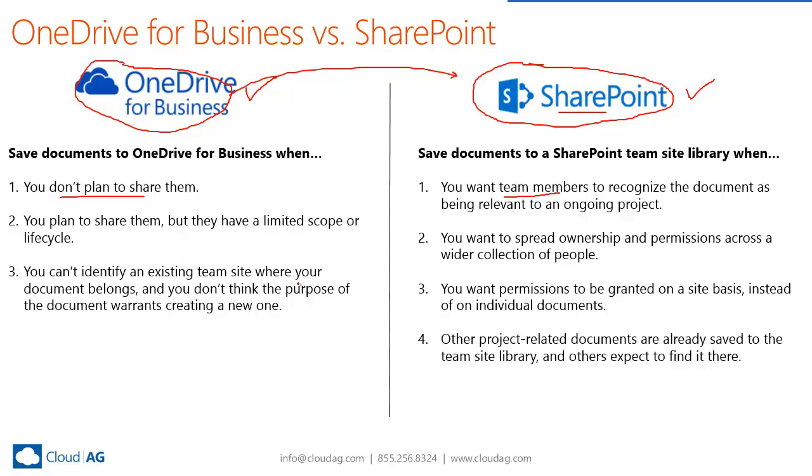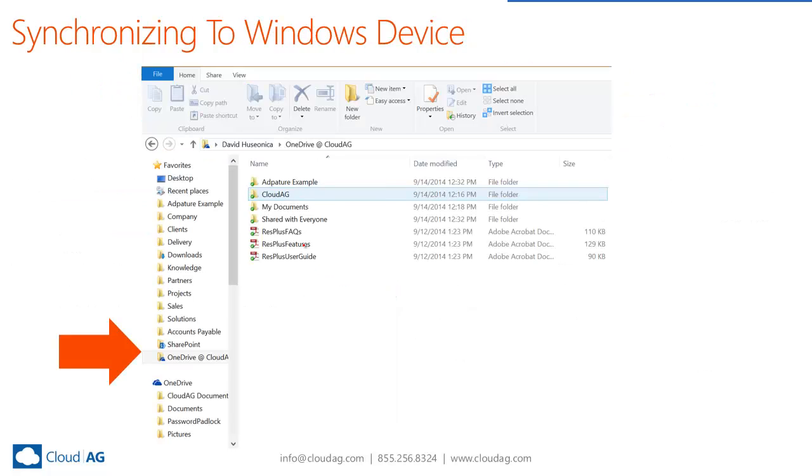So that's a little bit of the differences in how clients use those two document storage features that are part of Office 365 plans. If you decide to synchronize documents down locally, this is a quick view of how that looks. Here I am in my Windows Explorer, and I've decided that I want to synchronize my OneDrive documents, and you can see it's added underneath my favorites.